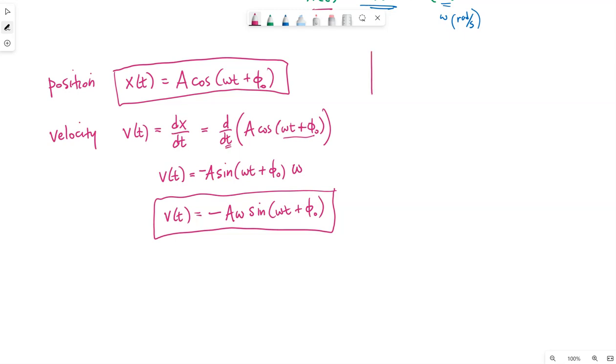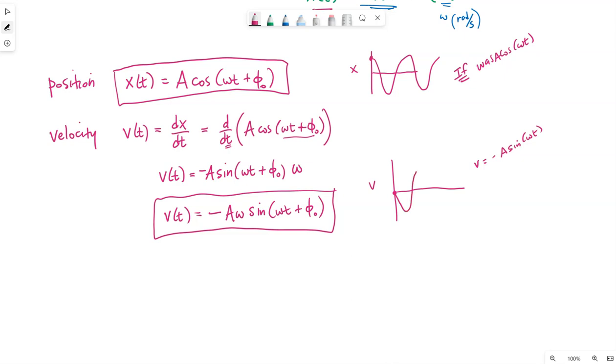So if our position was exactly perfectly a cosine function, cosine omega t, then the velocity would be negative A sine omega t, meaning at 0 moving down.